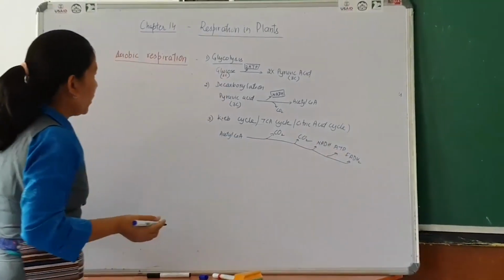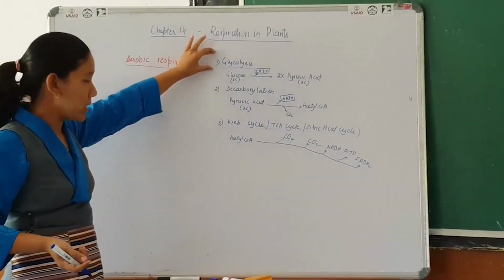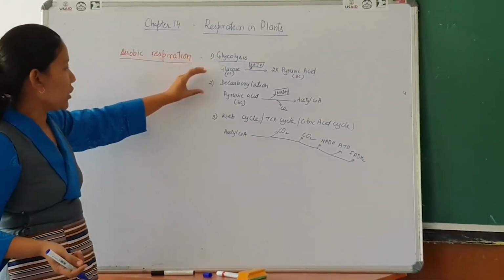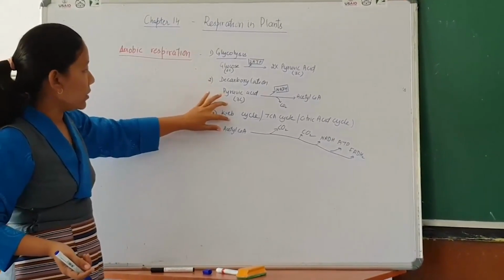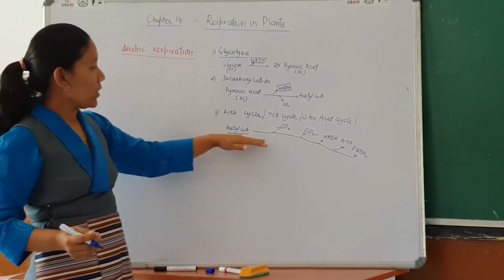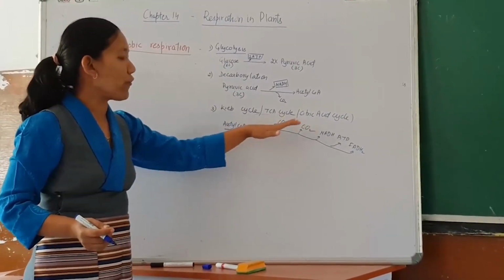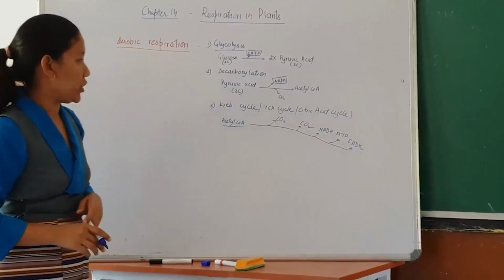Okay. So these are the steps here. First one is glycolysis, decarboxylation, and then entry into the Krebs cycle, wherein this Krebs cycle starts with the acetyl CoA and finally is broken down into carbon dioxide with release of these different forms of energy.